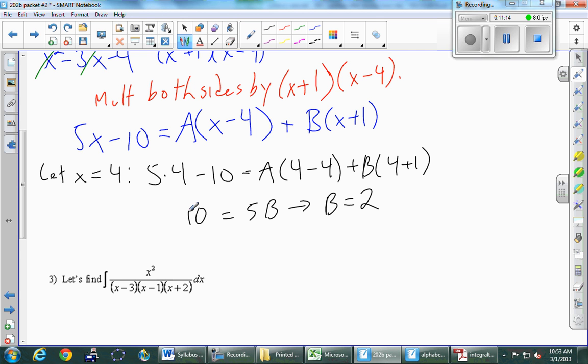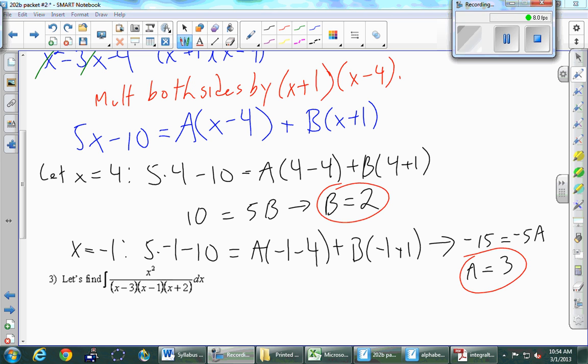So if you understood why x equals 4 was a good number, then you should be able to find the other value of x that's a good number. Plug it into that same blue equation and solve for A. Go ahead and do that and check with your neighbors. I got A equals 3. Any questions on finding A or B?